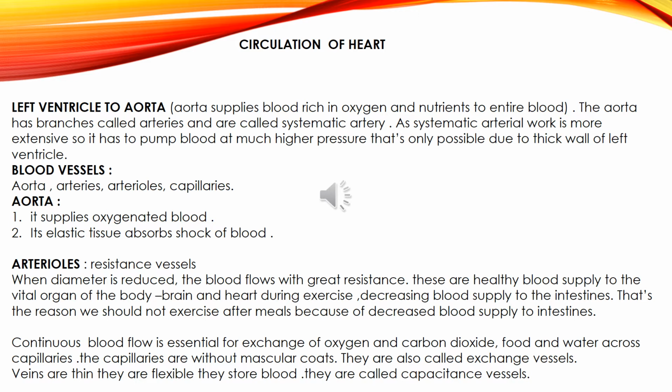Blood vessels. In blood vessels we have the aorta, arteries, arterioles and capillaries. The aorta supplies oxygenated blood. Its elastic tissue absorbs the shock of blood. Arterioles are resistance vessels. When the diameter is reduced, the blood flows with great resistance.